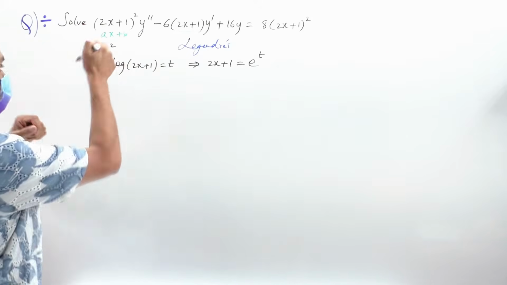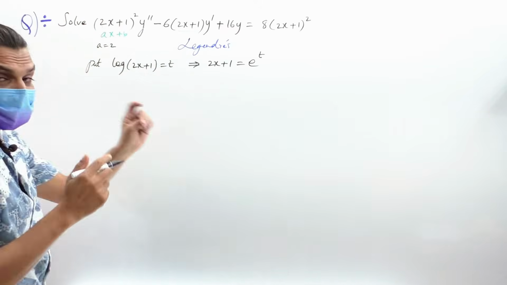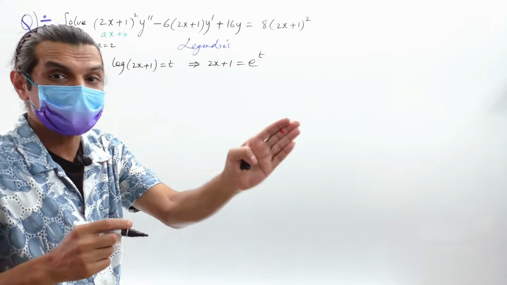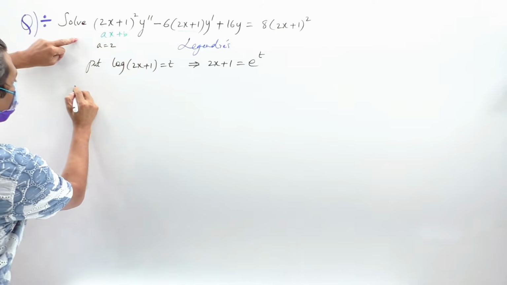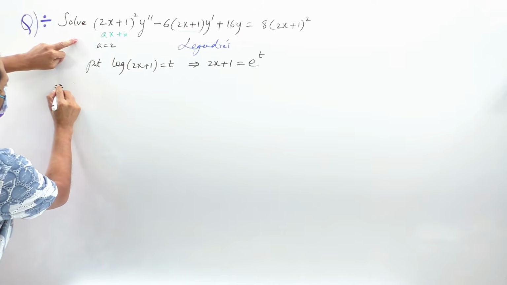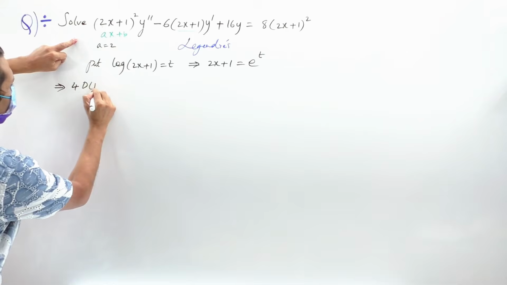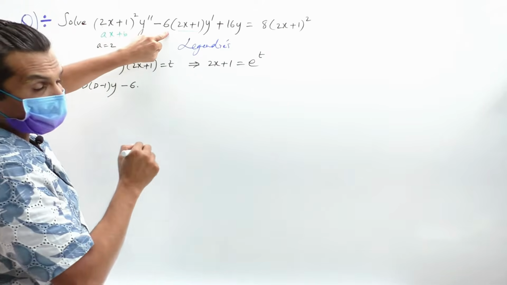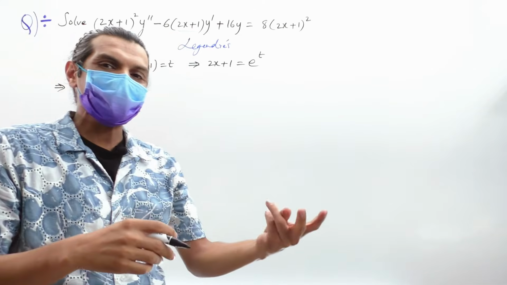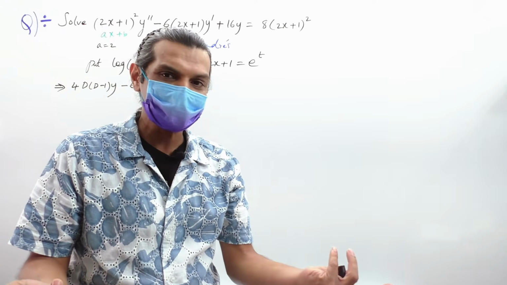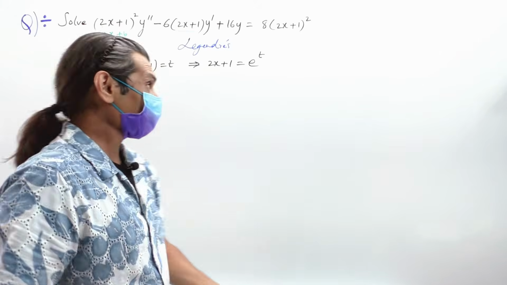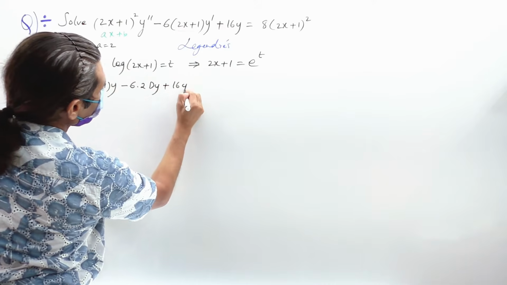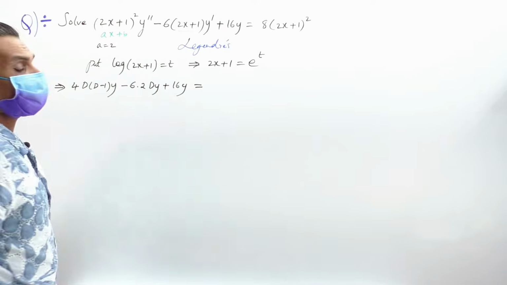So what is a? a is 2, 2 square is 4, into D(D minus 1) into y, minus 6 into (ax plus b) into y dash, which is a into Dy. What is a? 2. So 2 into Dy plus 16y equals right side in terms of t.